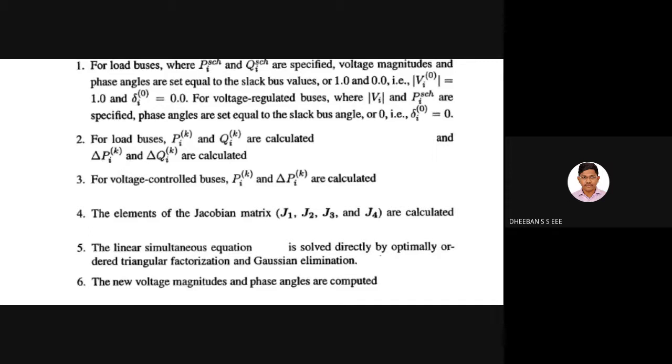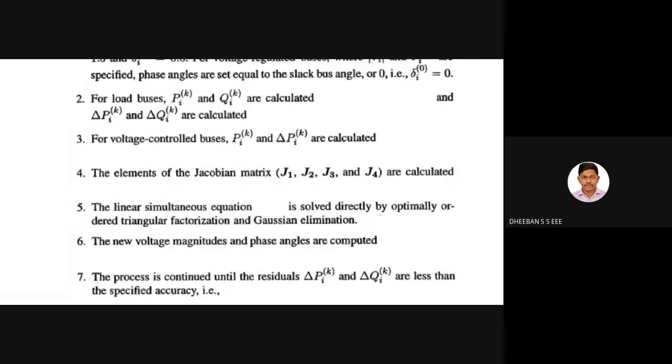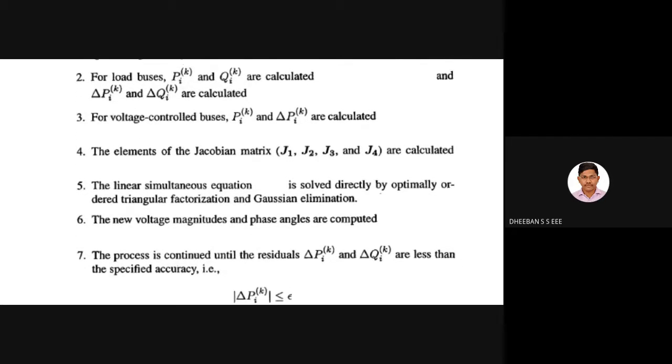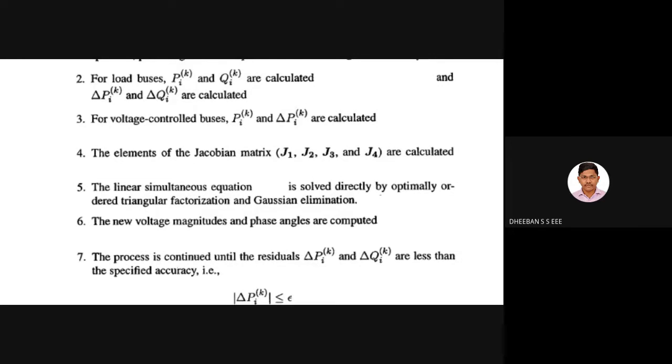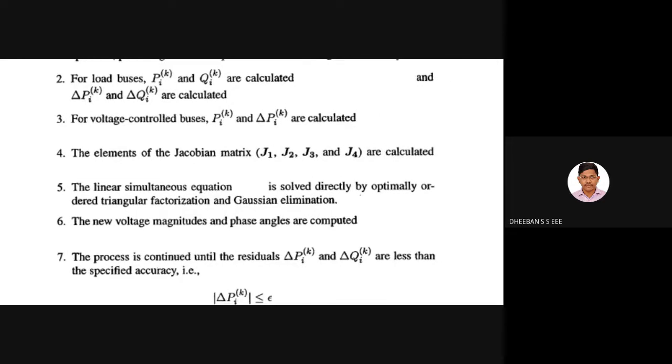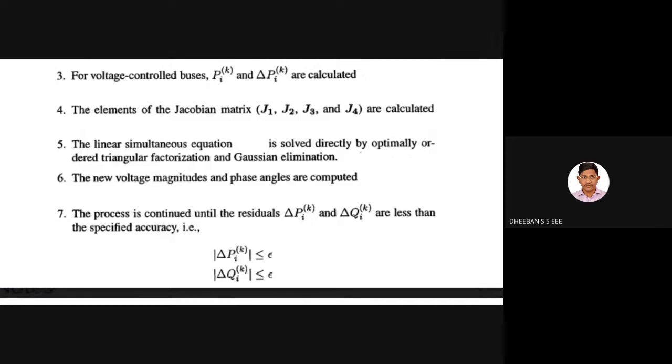While dealing with the problem, it will be very easy. So this is for your load bus. With respect to your voltage controlled PV bus, you have to calculate the value of PI of k and del PI of k.